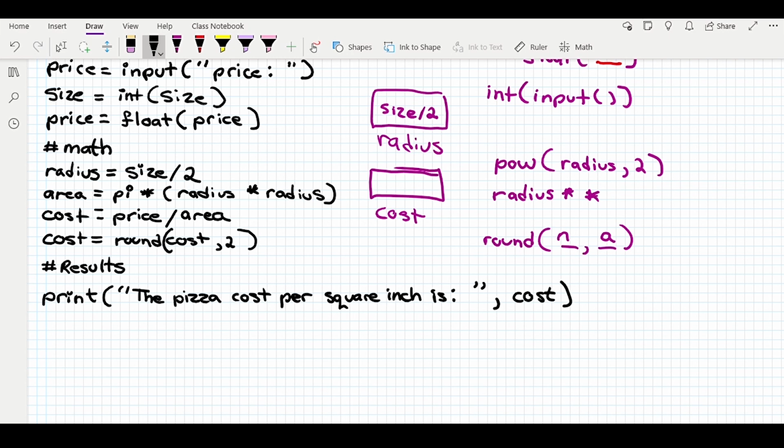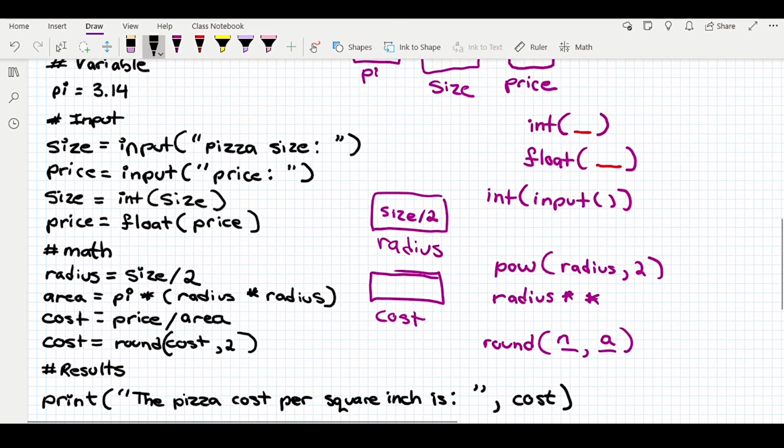It'll say, okay, cool, I will output the pizza cost per square inch is space. And then I'm going to look into memory and see what's inside. There's going to be something in there, and it's going to print that.